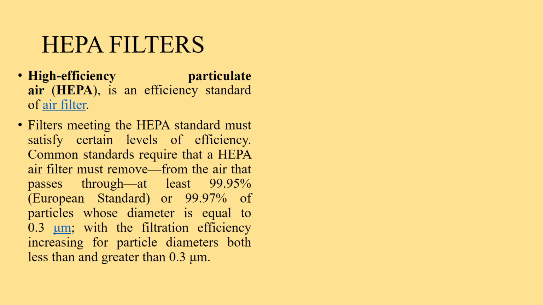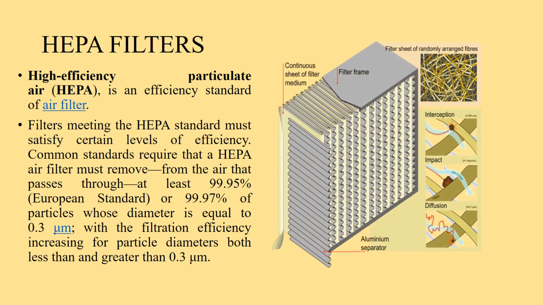The common standard requires that a HEPA filter must remove from air that passes through at least 99.95% or 99.97% of particles whose diameter is equal to 0.3 micrometer, with the filtration efficiency increasing for particle diameters both less than or greater than 0.3 micrometers.